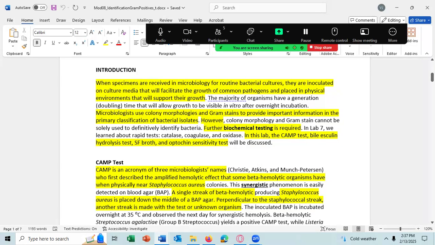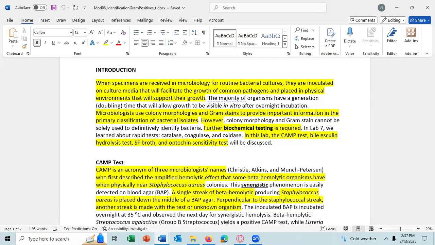However, the microbiologists can use the gram stain to provide important information about the primary classification of bacteria isolates. However, further biochemical testing is required to identify what is causing the disease.